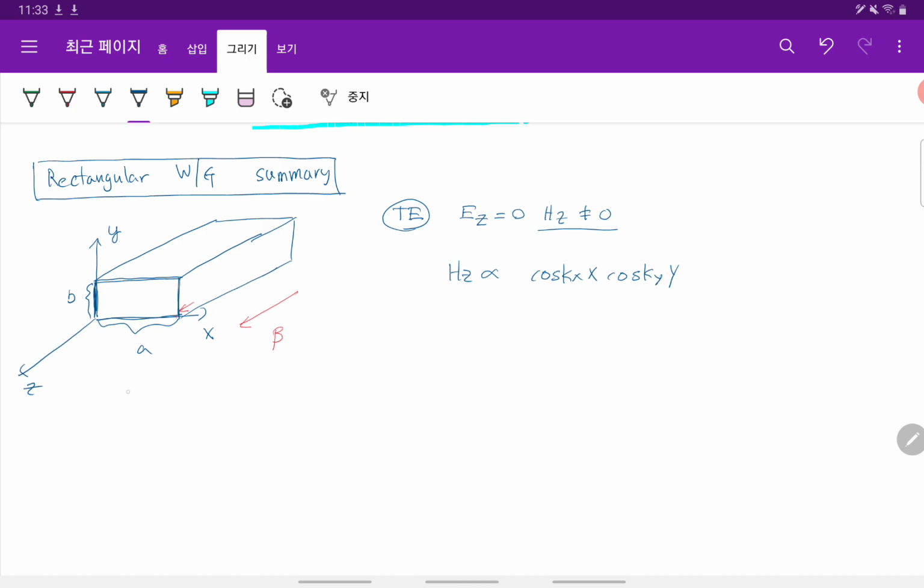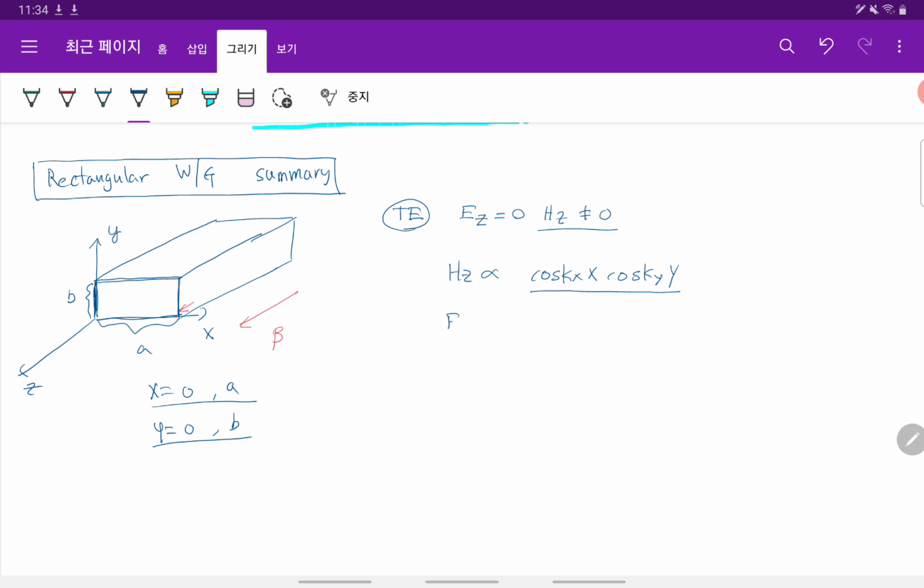That means x is between 0 and a, and y is between 0 and b. Because Hz is tangential to all four surfaces, the value at the boundary can be non-zero, so we should have a cosine trend for both.